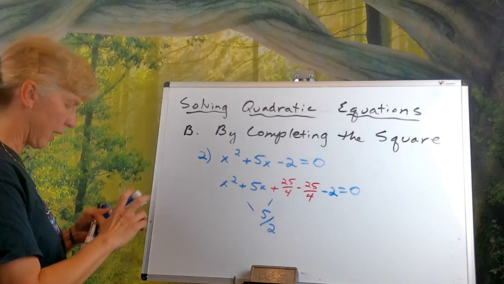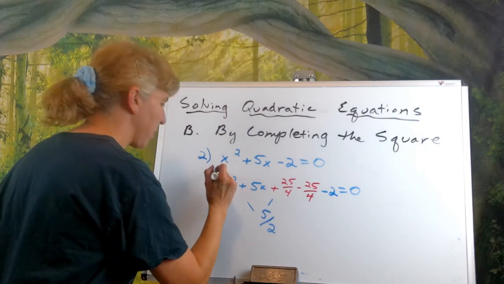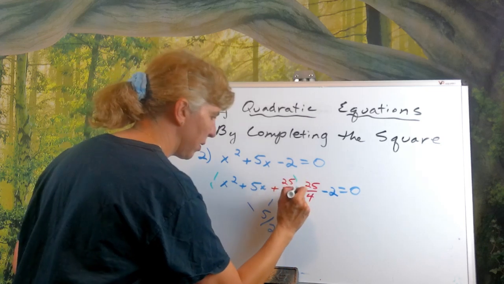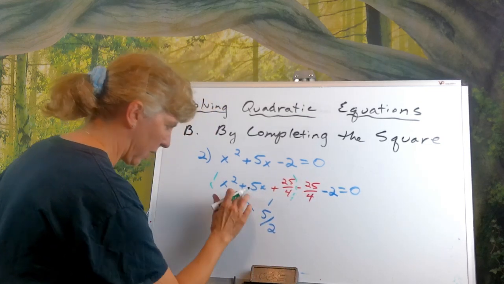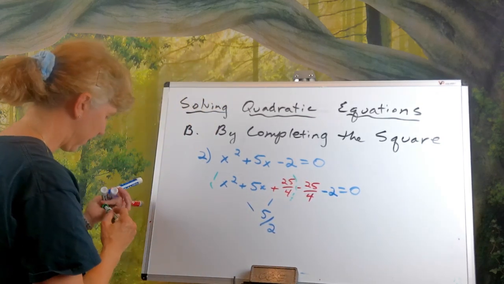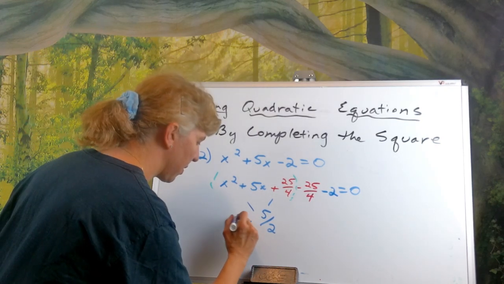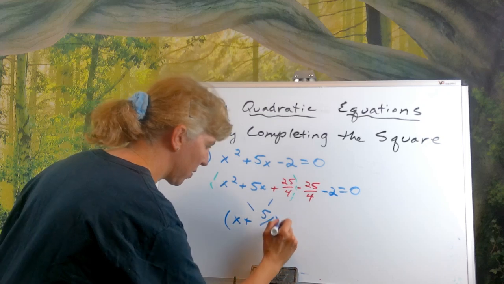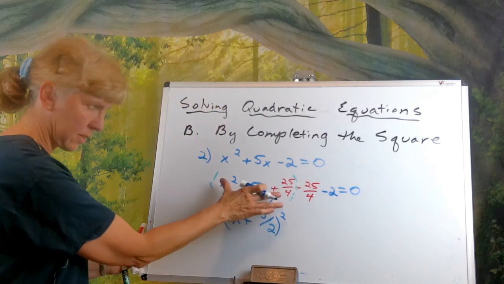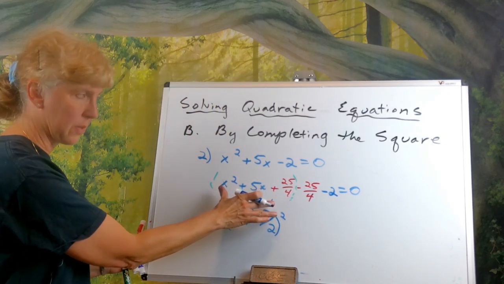Okay, and again, I've created a perfect square right here. Okay, keep that same sign. So this will be x plus 5/2 squared, and that replaces the green bracket here.